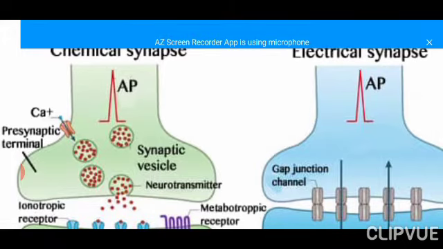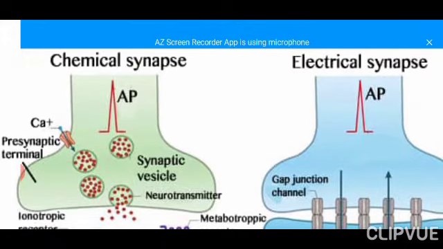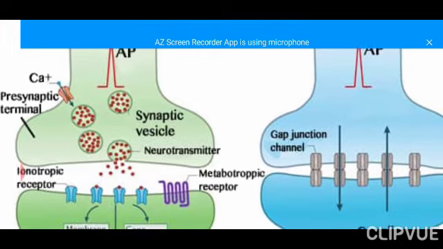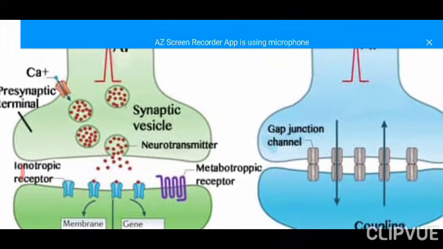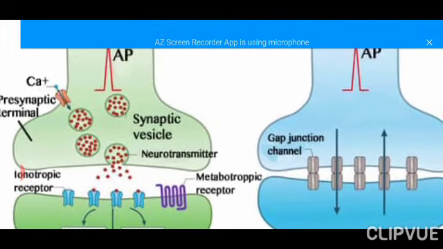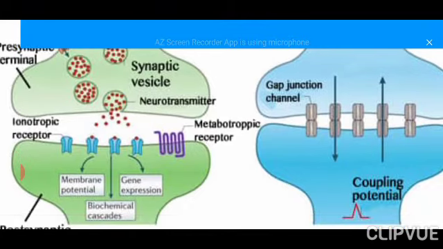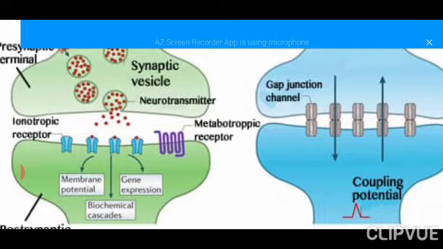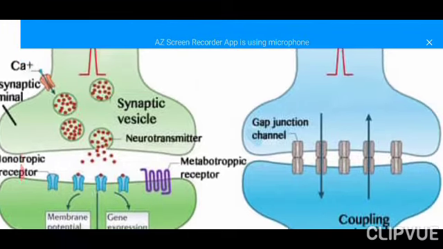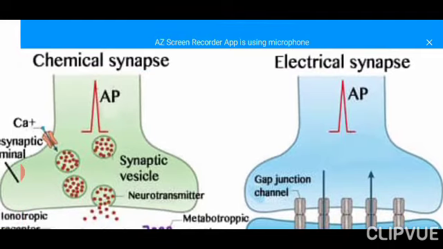A synapse can be a chemical synapse or an electrical synapse. What is the difference? A chemical synapse involves the use of neurotransmitters that are released from the presynaptic neuron, which in turn bind to the receptor at the postsynaptic neuron, hence initiating an action. What about an electrical synapse?